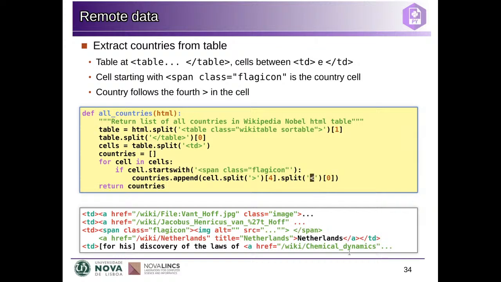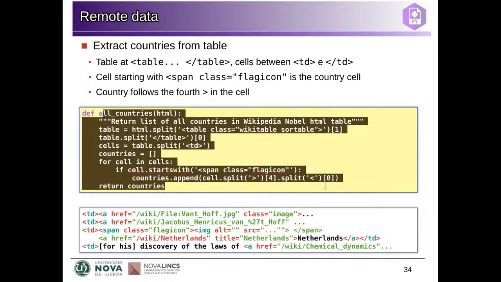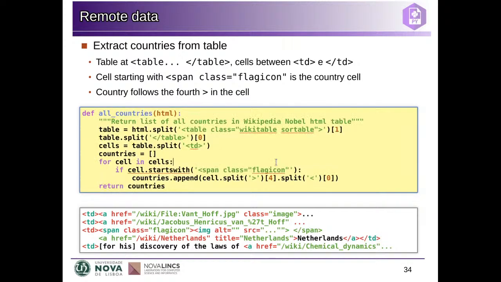We split again by the smaller than here, so that we clean this part and we retain only the name of the country. So this is one example of how you can break down the strings and extract the information that you want. In this case, this function is not yet getting the information from the internet, but it's just parsing the source code once we already have the source code there.